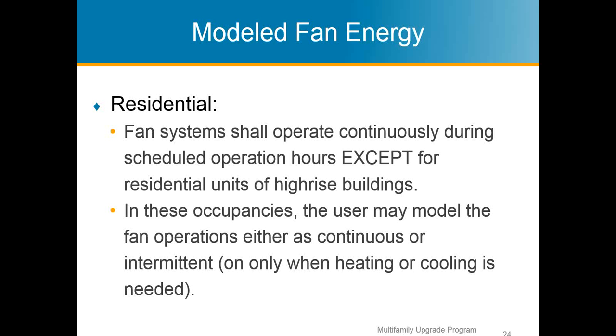If you ever get into looking at CSV files and mess around with the continuous and intermittent fan energy, that should be exactly what it's doing. If you haven't set it intermittent, then the fan is going to turn on for cooling or for heating at its operating hours, so that's good. But anything that's on a switch or something like that is not supposed to be in the model.